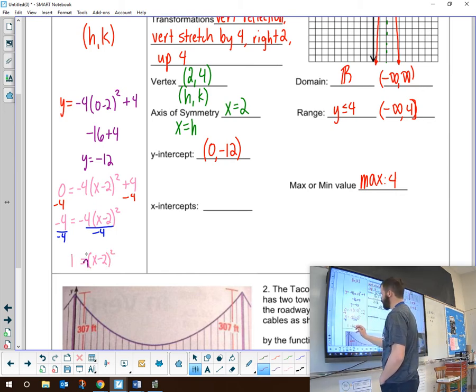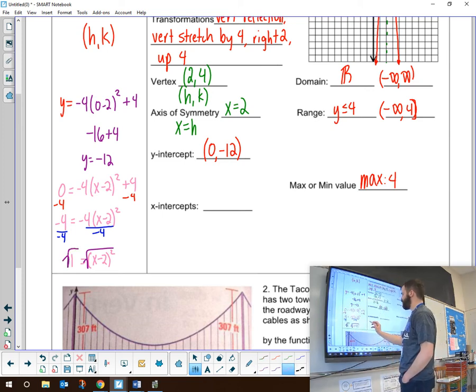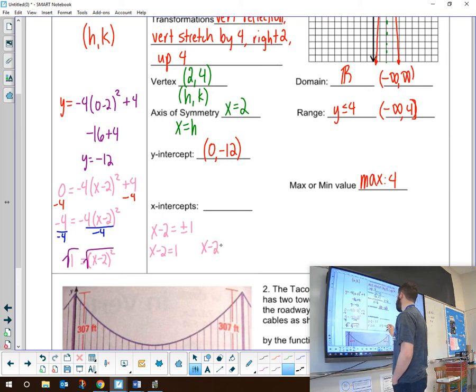Then we can square root both sides. And that's going to give me x minus 2 equals plus or minus 1. So we could get x minus 2 equals positive 1, or we could get x minus 2 equals negative 1. So that's going to either be 3, 0, or it's going to be 1, 0.